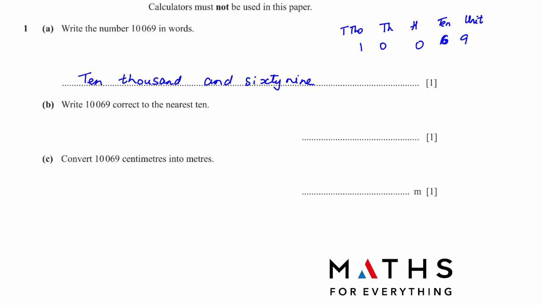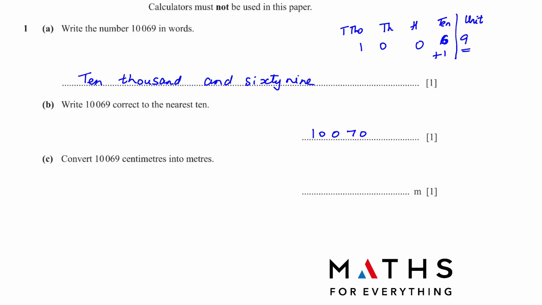Where do we want to round it to? To the nearest 10. So we look at the number after the 10 position. And if that number is 5 or more than 5, we add 1 to the number in the tens place. This will give us 10,070. 6 plus 1 is 7.